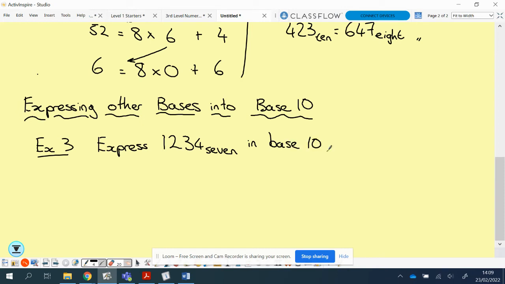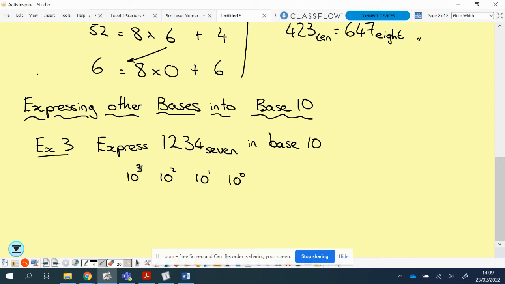Okay, so before I go to my solution, just a quick recap of what we discussed. If something's in base 10, so our normal numbers, our units is 10 to the power 0, our tens column is 10 to the power 1, hundreds column is 10 to the power 2, sorry, squared, and our thousands would be 10 to the power 3, and so on.